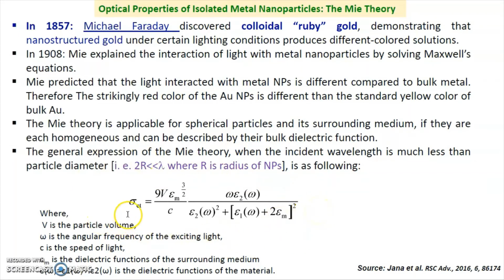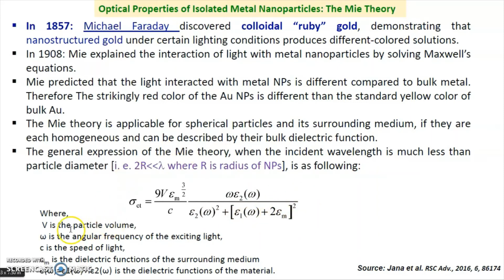So what is this equation? Sigma extinction is equal to 9V epsilon_m raised to 3/2 divided by c, times omega epsilon_2(omega), divided by [epsilon_2(omega) squared plus (epsilon_1(omega) plus 2 epsilon_m) squared].